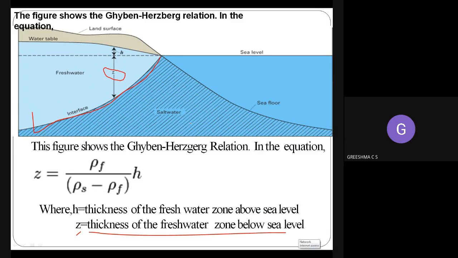Z is below the sea level, and H stands for above the sea level. This is the sea level. So the depth of fresh water below the sea level is taken as Z, and the depth of fresh water above the sea level is taken as H. You can see from this figure itself, it is pretty clear.